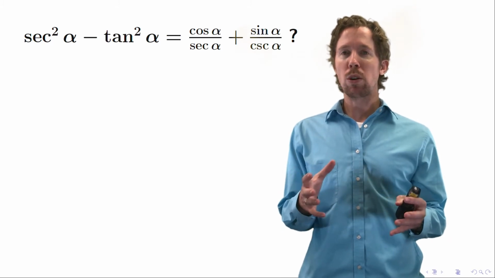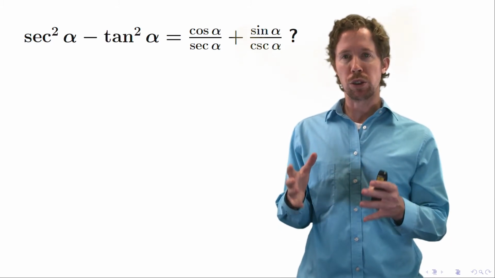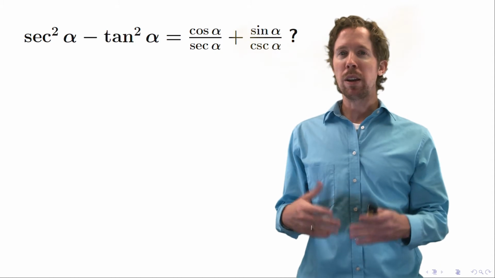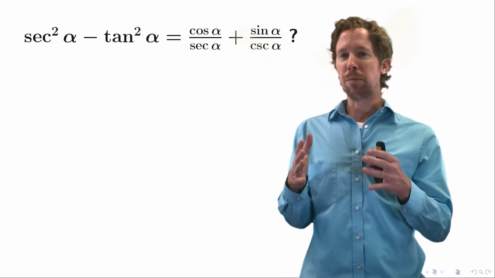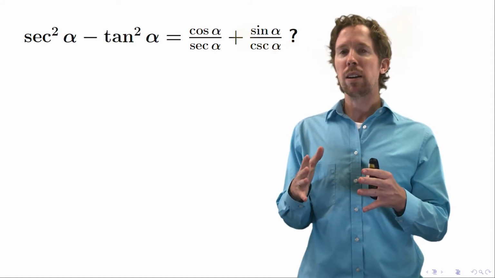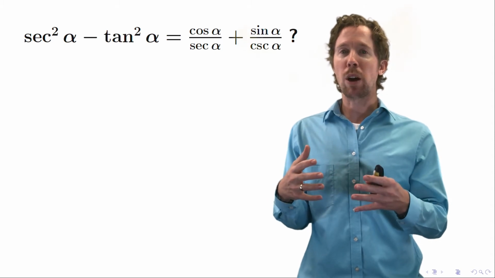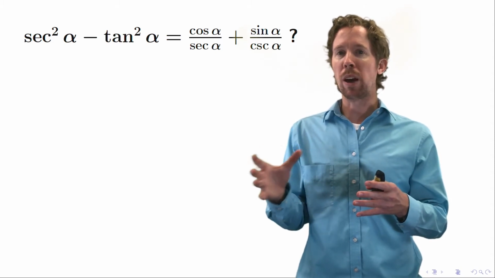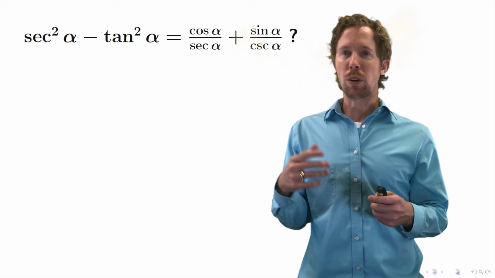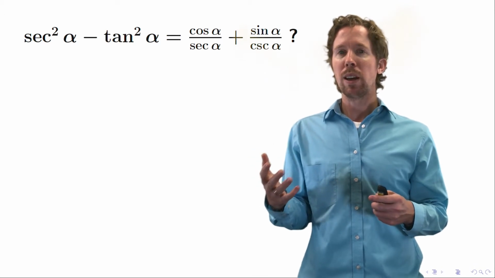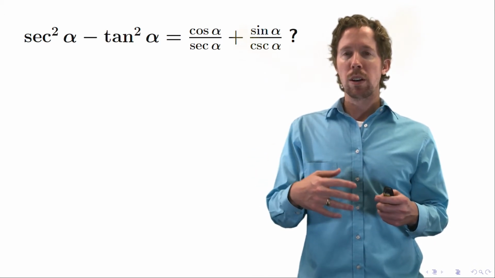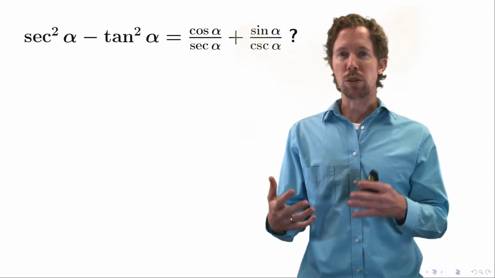Let's say we're told to verify that this equation is true. And immediately I should say that what we mean by that is you should assume that we're talking about the natural domain for both of these. So, for example, cosine can't be 0 and sine can't be 0. Those things should just be assumed here.